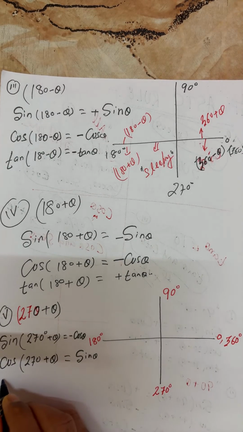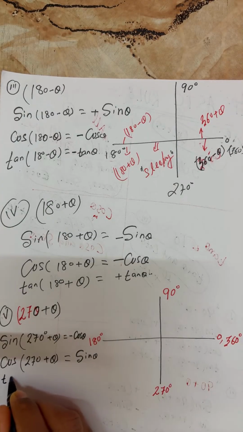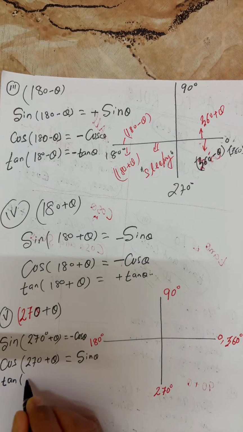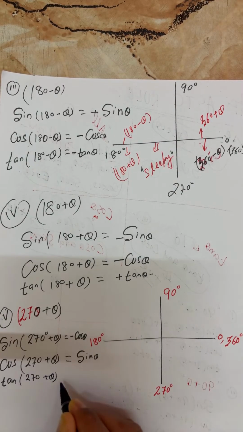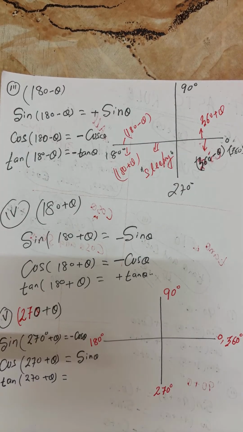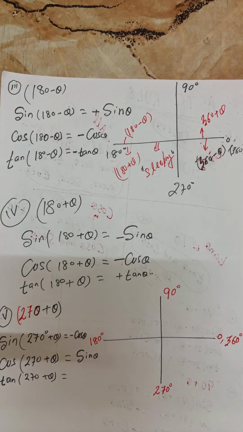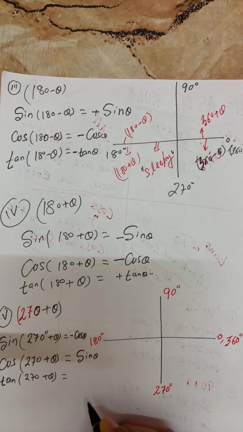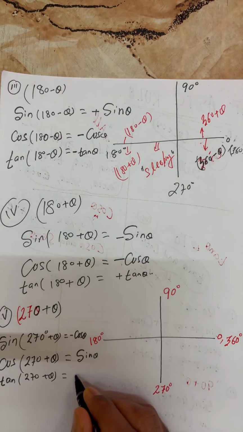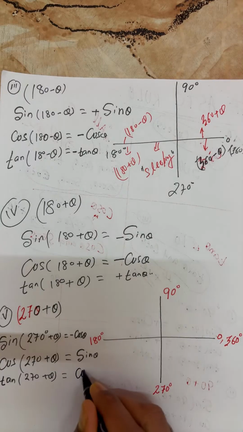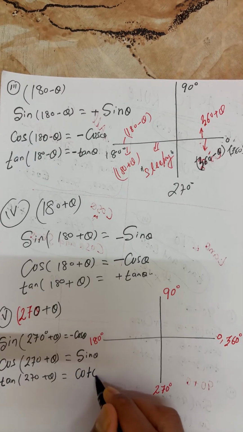Tan of 270 plus theta. We are pretty sure the function will change because it lies on a vertical line. So tan of 270 plus theta will change to cot theta.